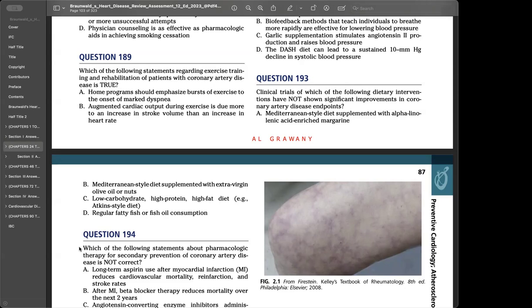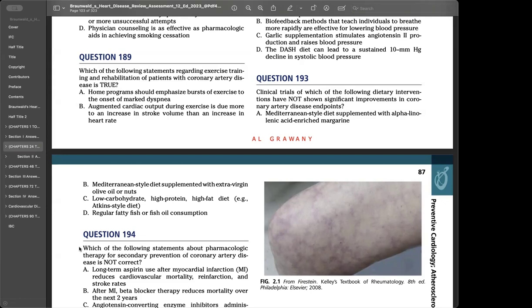The endpoint of the Lyon Heart Study was to look for a reduction in all-cause mortality and non-fatal AMI in people placed on this diet compared with those placed on a control diet. These were people who already have coronary artery disease.